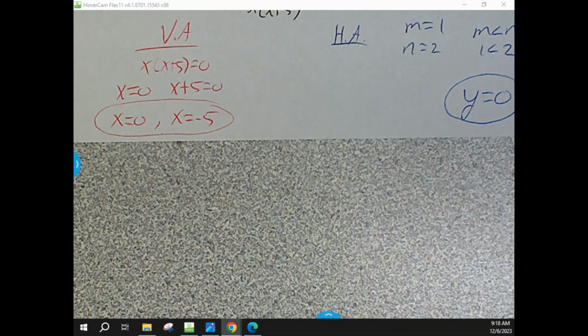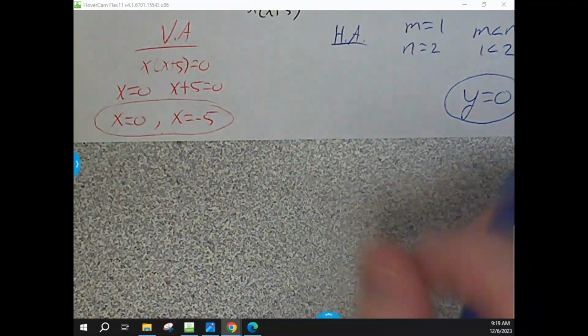All right, now let's actually sketch a graph so you can see what's going on with this one. If you want to do this on the back, you can. I'm going to do this on a separate piece of paper just so that I do better with the lines to keep everything straight.